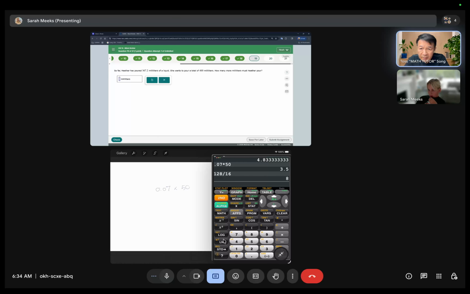So far, Heather has poured that much millimeters of a liquid. She wants to pour a total of that much. How many more? Subtraction. Yeah, subtraction, but make sure the units are the same.